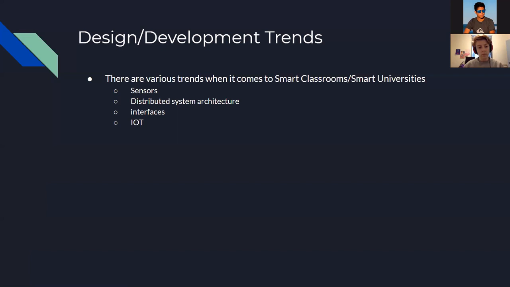For example, you would have a single computer that could control all the devices in the classroom, and having an interface would allow you to have easier access to the control of those devices. IoT, which stands for Internet of Things, going along the lines of the interface, connecting these devices to a network is the way that these devices are controlled.